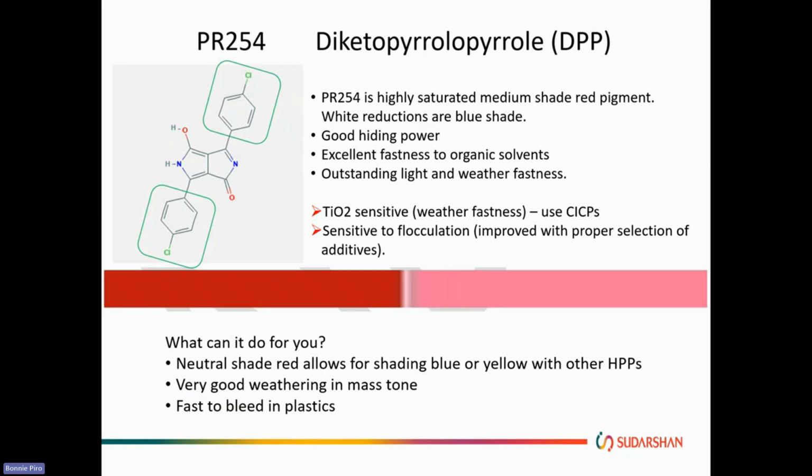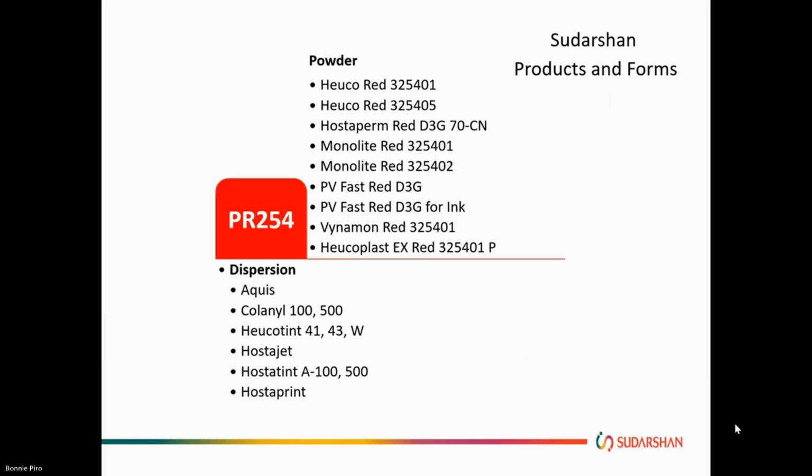In the mass tone area, it does have very good weather fastness, and it's fast with respect to bleeding in terms of plastics as well. So all in all, a very useful tool in your colorant toolbox.